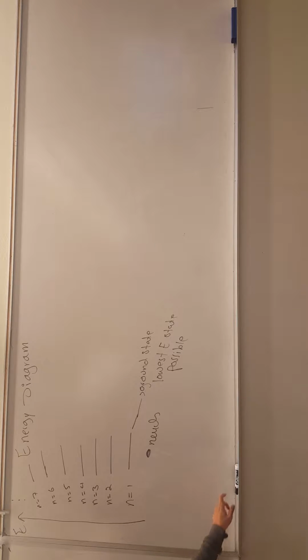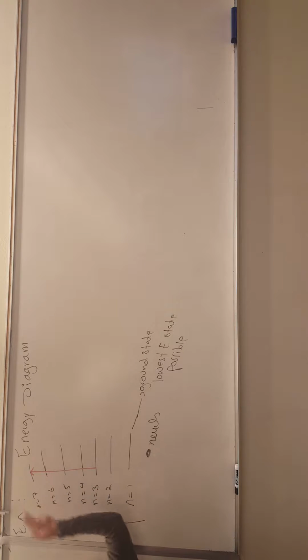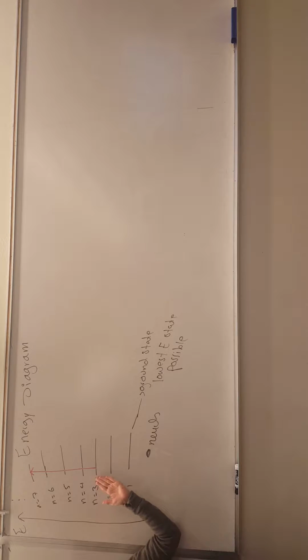Now, for this particular example, your photon goes from n equals 3 to n equals 7. How do I show the transition? Just like this. And from 3 to 7, meaning that initially it starts in energy level 3 and it ends in energy level 7. Now, by looking at the diagram, you can tell if the energy of this photon is increasing or decreasing.